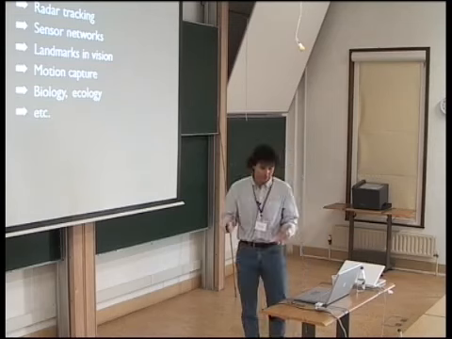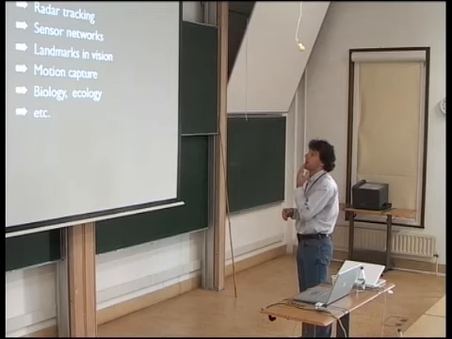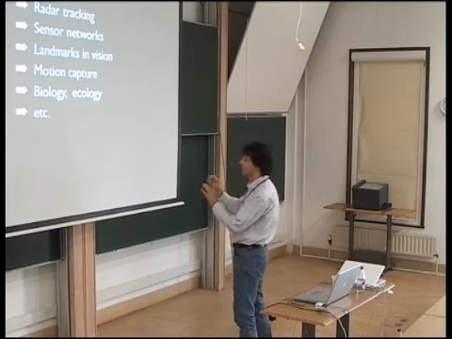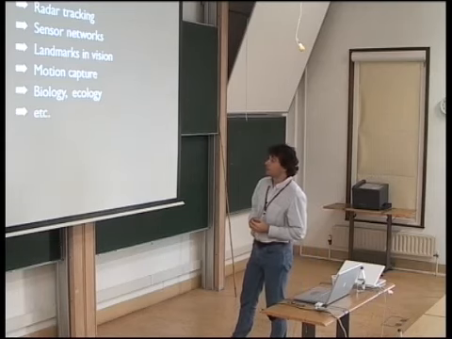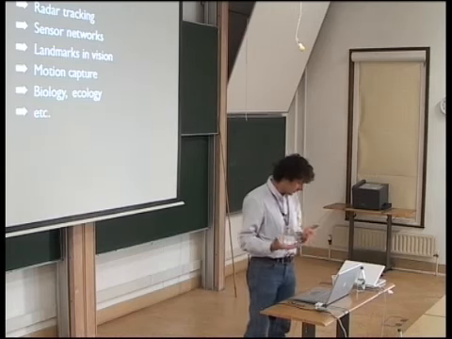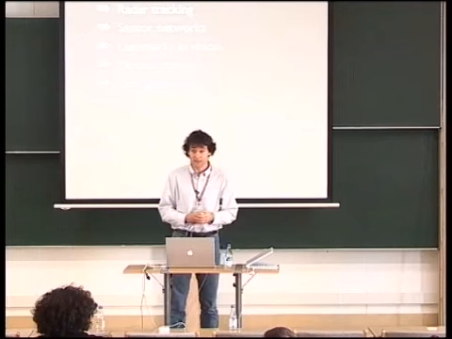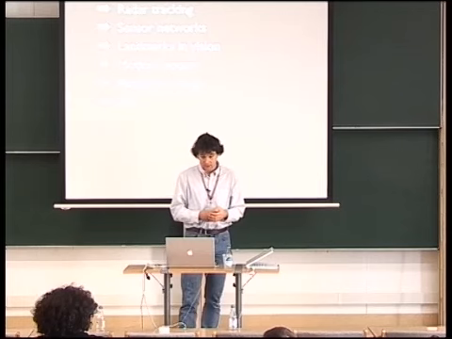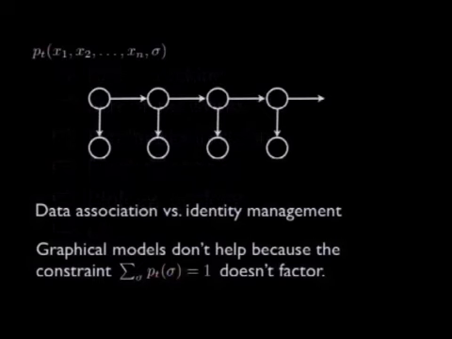Motion capture, when you are dealing with human bodies or bodies of animals, again you are maintaining these individual points. You have uncertainty about their position, but also about their identity. And as one of the previous speakers mentioned, in biology and ecology, when you're looking at things under the microscope or out in the wild, you also have this issue of tracking multiple things and worrying about their identity. So this is becoming more and more of a theme on the applied side.